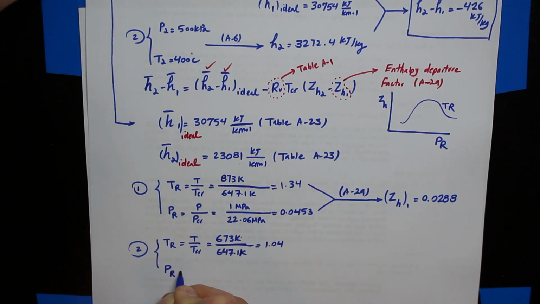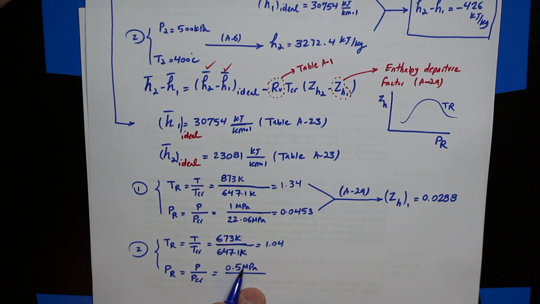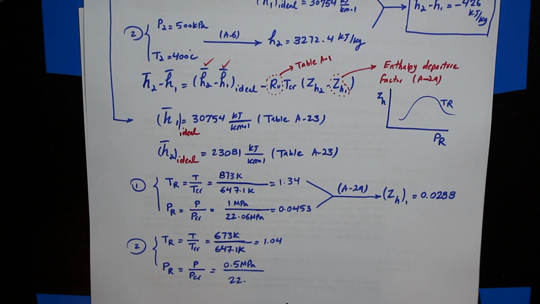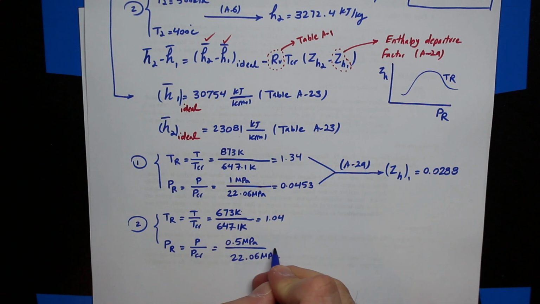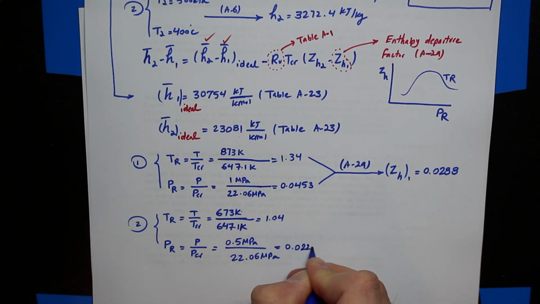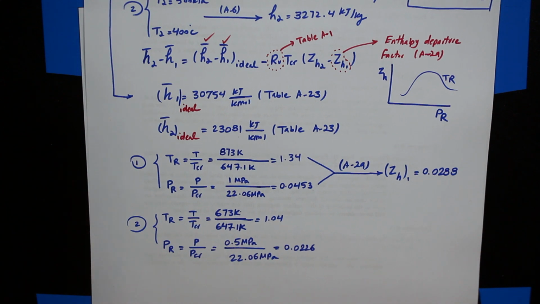Likewise, my PR is pressure over the critical pressure, and pressure is 0.5 megapascal, converting from kPa to MPa. Be careful with the units because the unit of critical pressure is in megapascal, 22.06 megapascal. And that will give me 0.0226 for the reduced pressure.